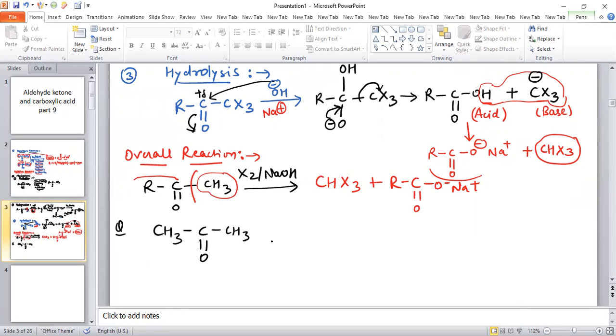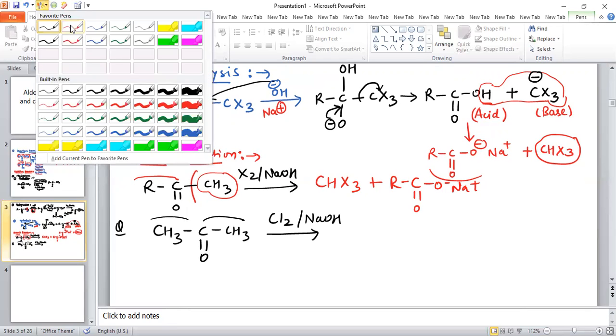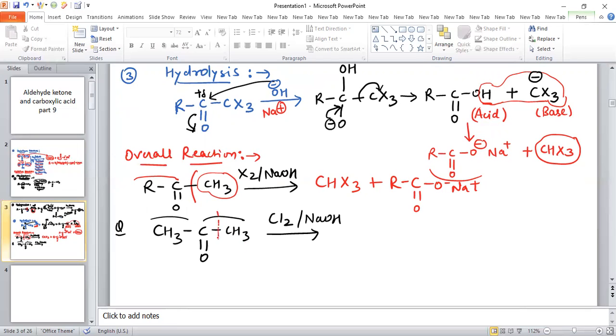This compound is given. When you add Cl2 in the presence of NaOH, what happens? Because this is a methyl ketone and this is also a methyl ketone, you can break either this bond or this bond; both are the same, because both are symmetrical. So I am going to cleave this carbon-carbon bond.